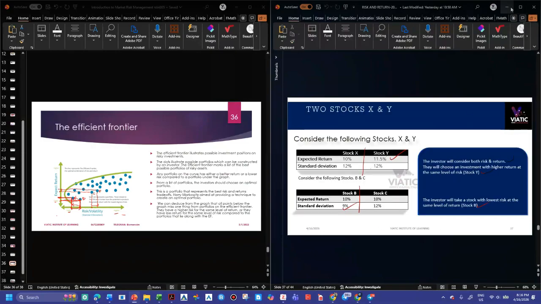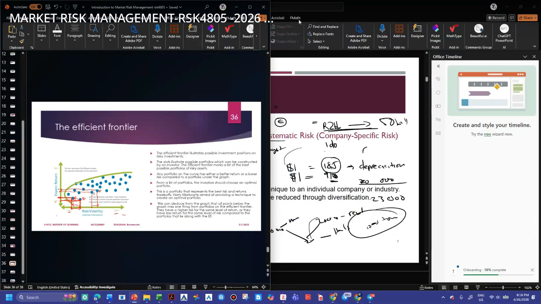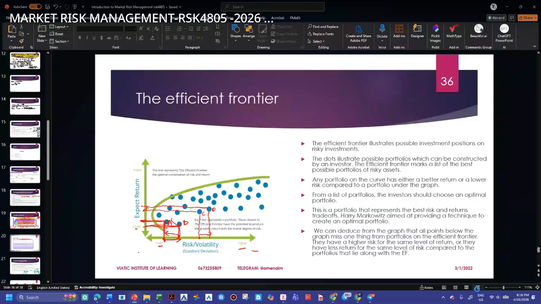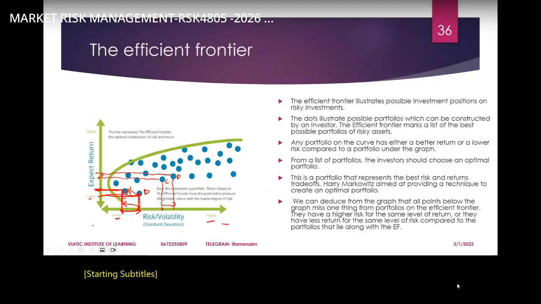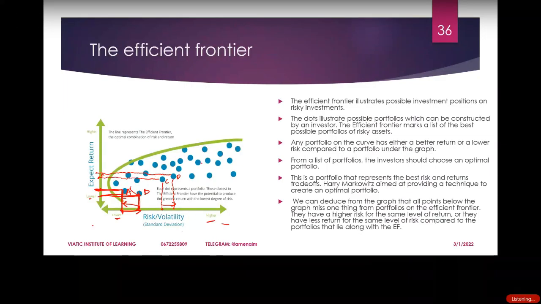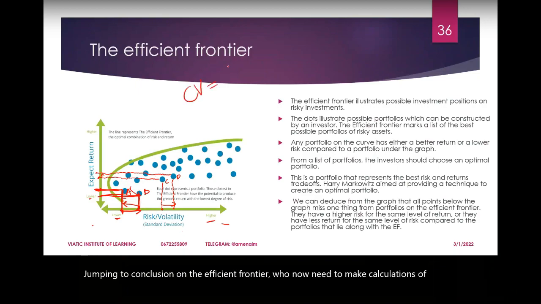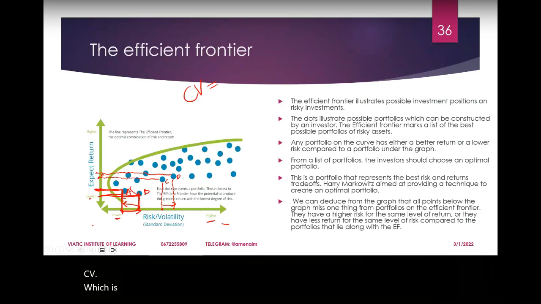Let me not open too many slides. Let's go back. So we said, in a situation like this, we will not just jump into a conclusion on the efficient frontier. We will now need to make calculations of the CV, which is the standard deviation to mean ratio. I might choose to do the same on this.